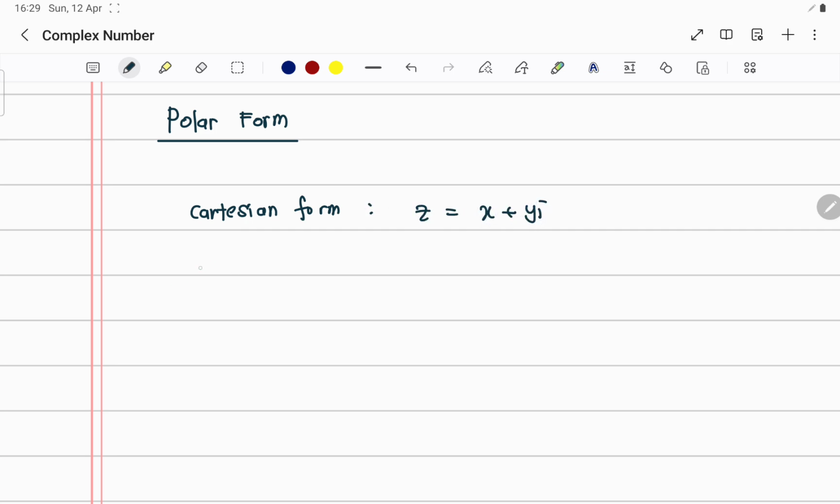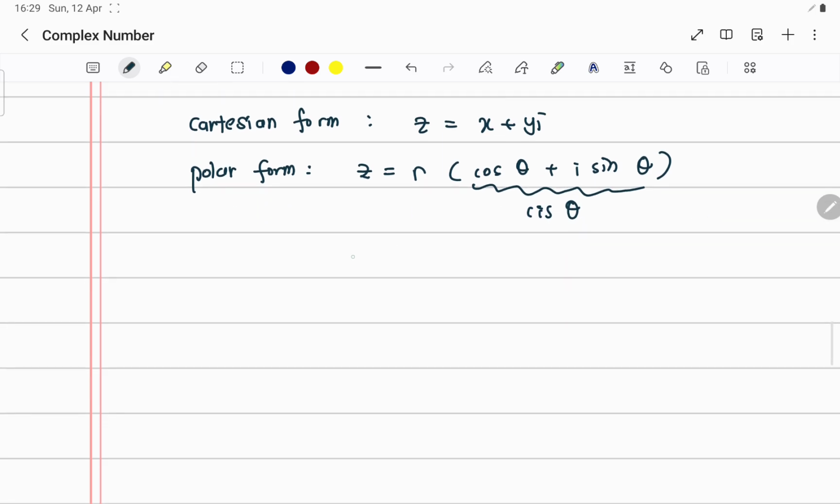When you want to convert it to polar form, it should be z equal to r multiplied by cos theta plus i sin theta. By right, this cos theta plus i sin theta is actually cis theta. So you can convert this to r cis theta.